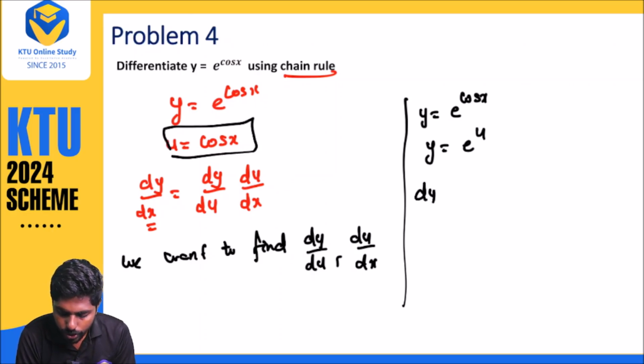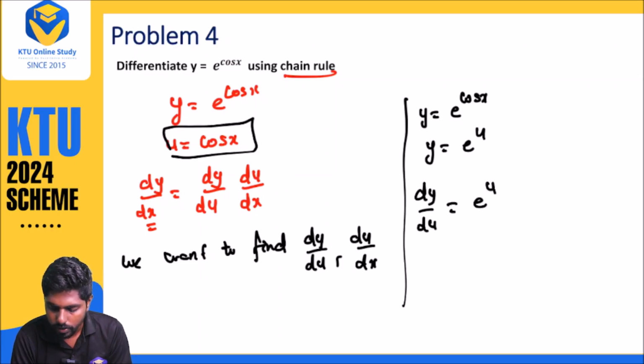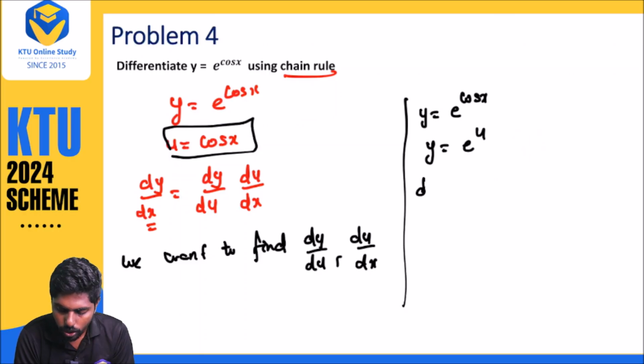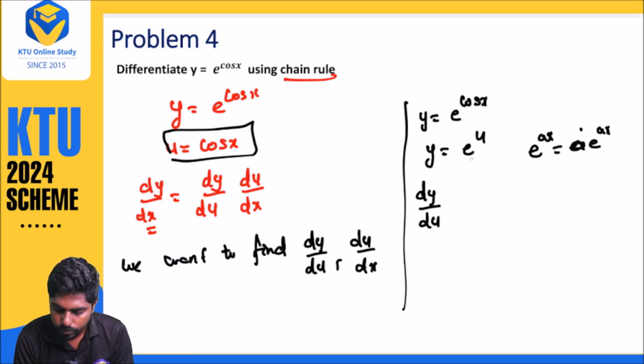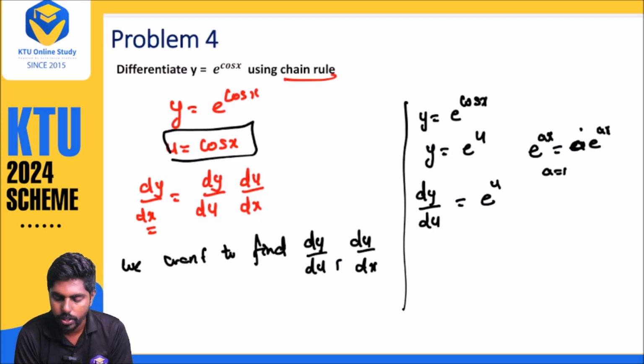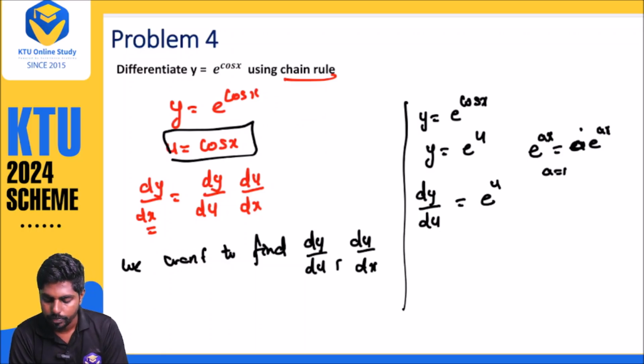So dy by du is what? That is nothing but e power u. I have already told you the formula: the derivative of e power ax is a into e power ax. What is a here? a equals 1, so we will get the same value, e power u. So the value of dy by du is e power u. Same thing only we will get.